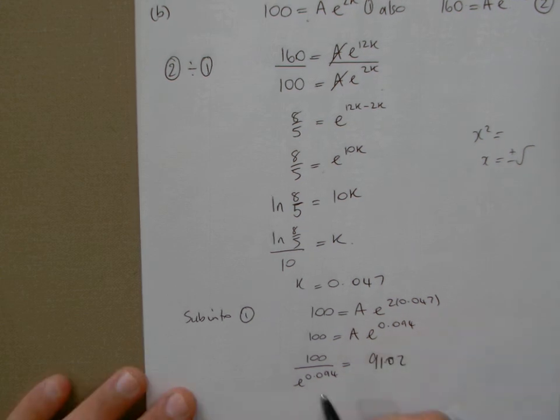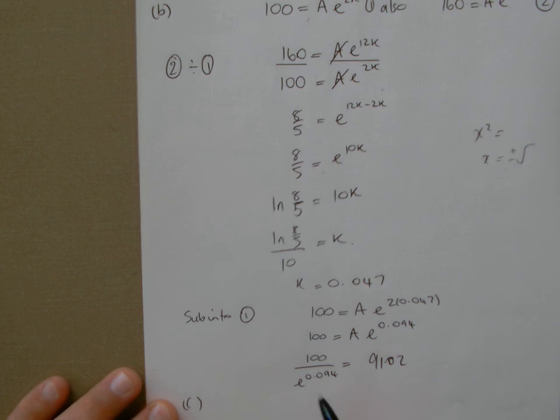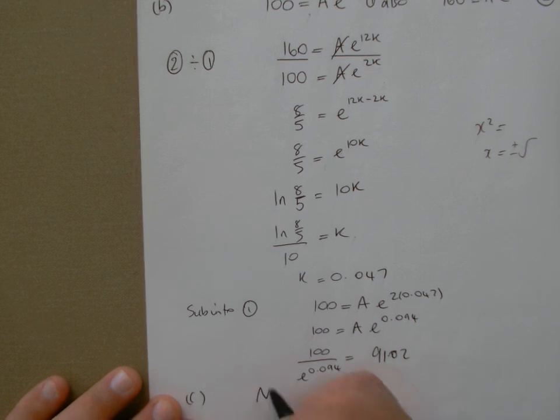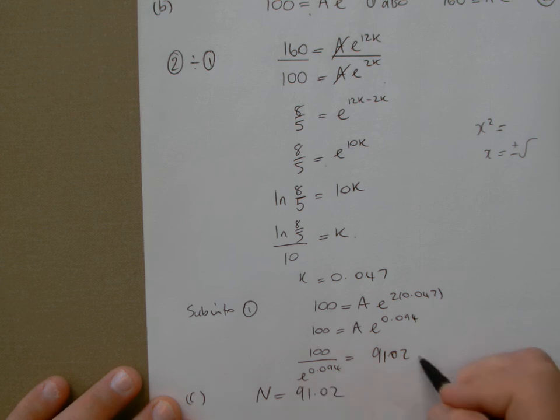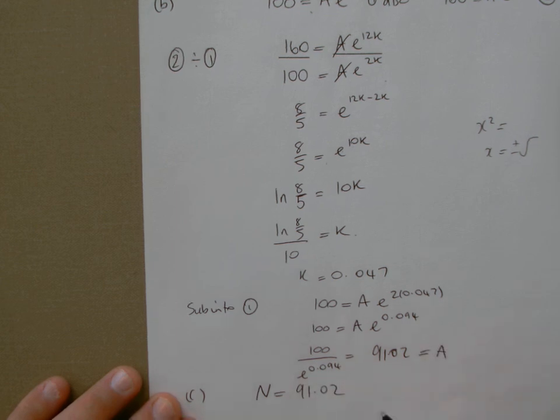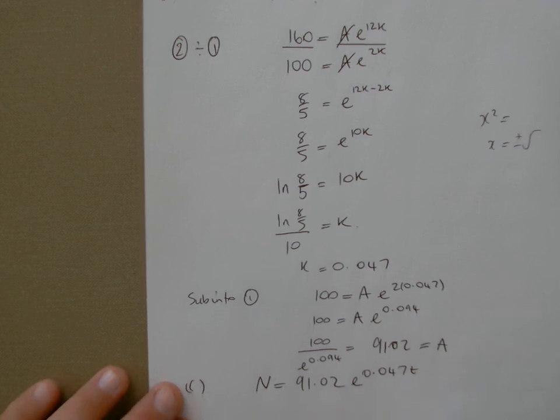So it says then, find the population when t is 20. Well, remember, what you need to do now is write the model as it is. So N equals 91.02 e to the power kt. That's what a is. So you worked out a to be 91.02 and k to be 0.047.